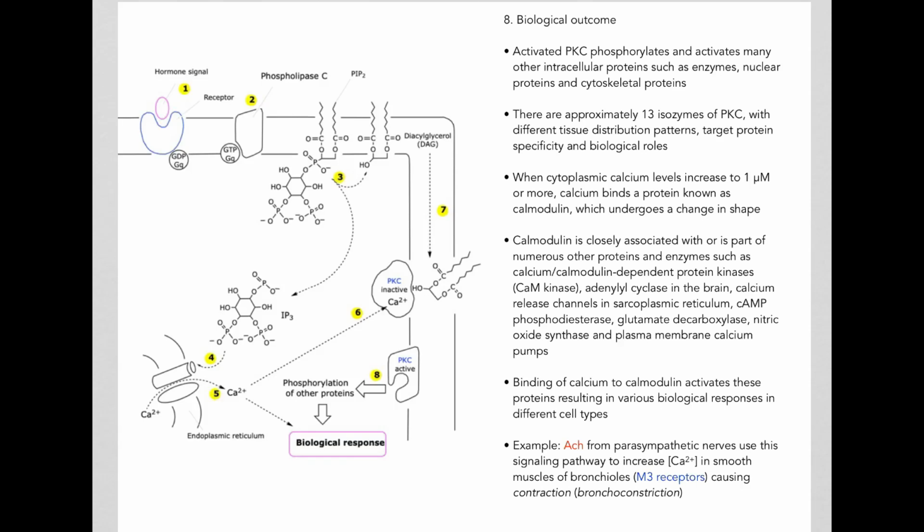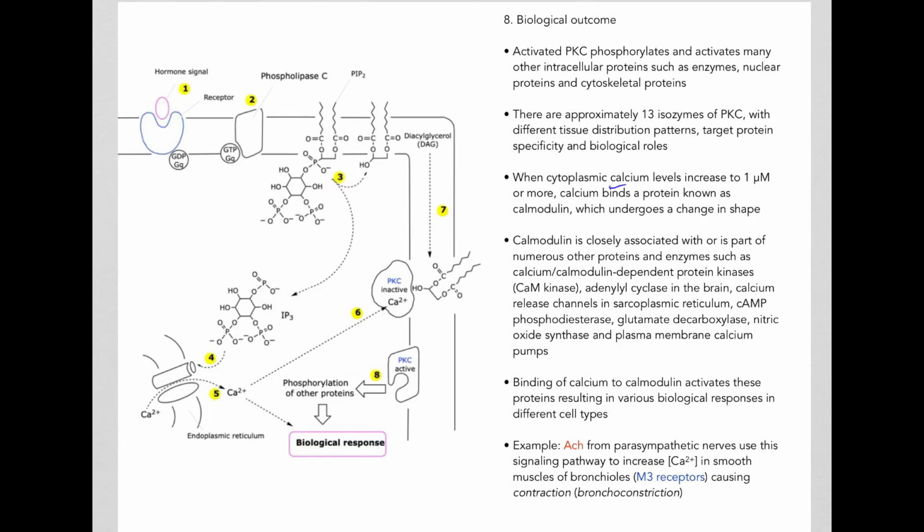There are approximately 13 or so isoenzymes of protein kinase C, which have different tissue distribution patterns, target protein specificity, as well as biological roles.